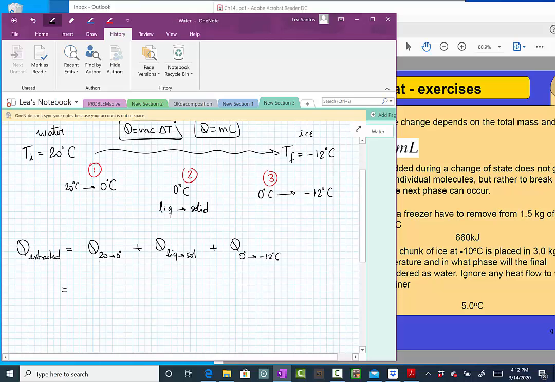As we go from 20 degrees to 0, we are changing temperature. There is no phase change. So here we have the equation mcΔT. It's going to be 1.5. The c, we have the c for water.